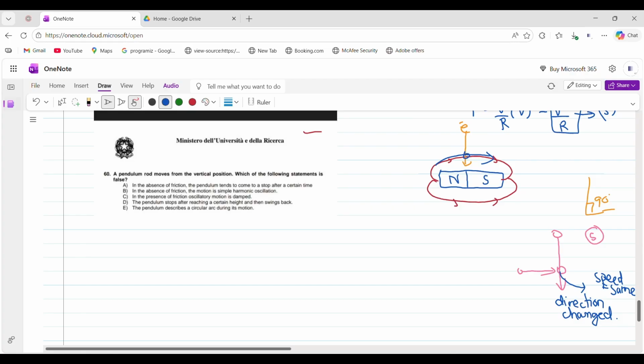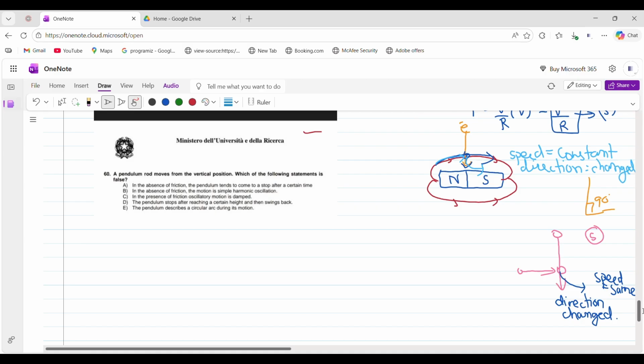So my electron is here, it's moving in the straight direction, and the magnetic field is pushing the electron. So basically what it will do, it will curve and it will change its direction. So the speed of the electron would be constant, but the direction would be changed. Speed is constant, however direction changed.